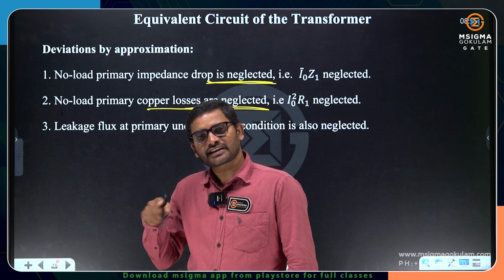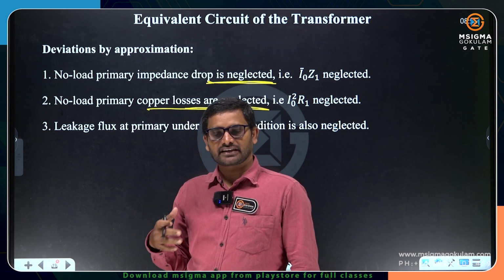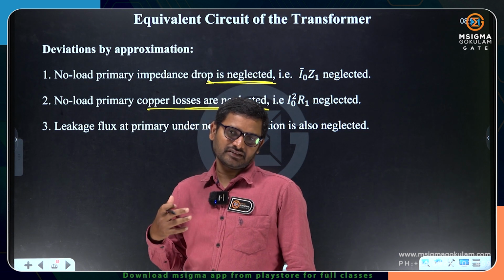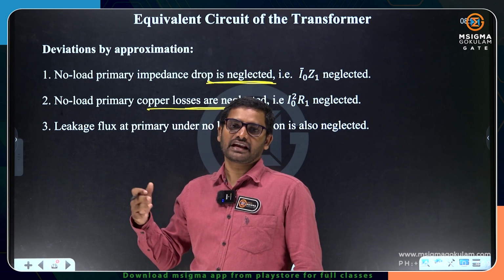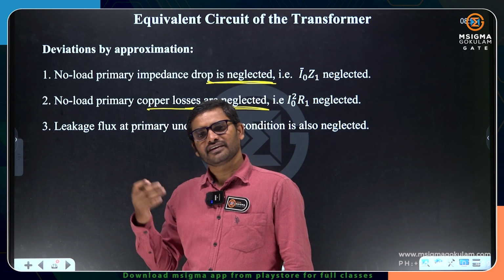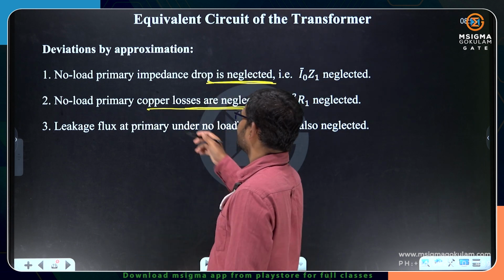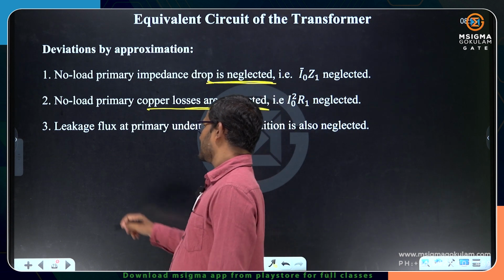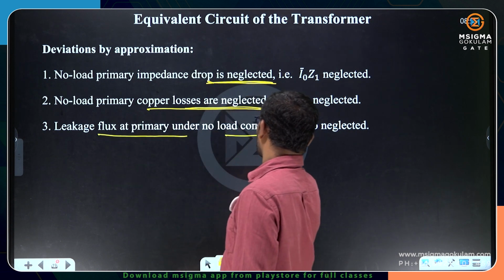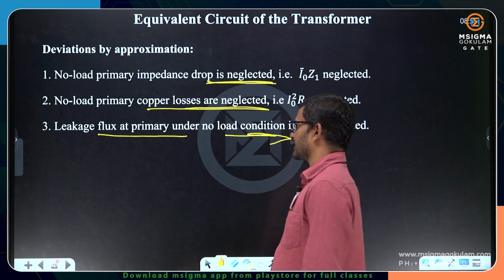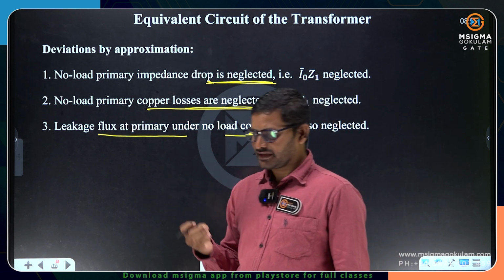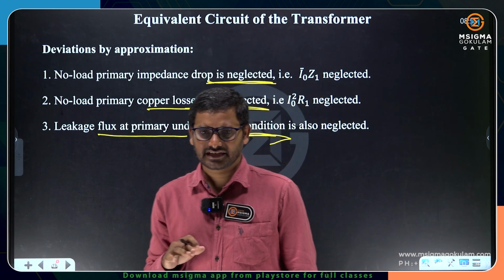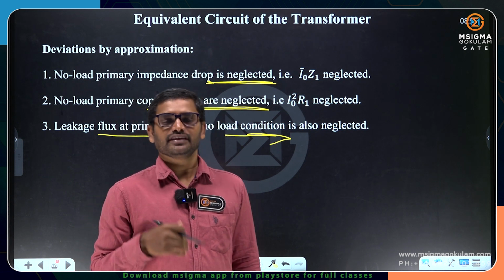Even though the current is circulating through the winding, we don't take up that copper loss as a much bigger loss. As the current is very small, we just neglect it. So these are some approximations you need to do. So the leakage flux at the primary under no load condition is also neglected.